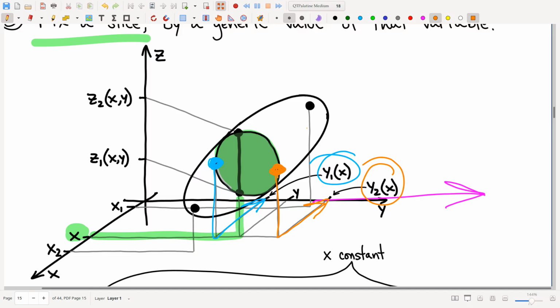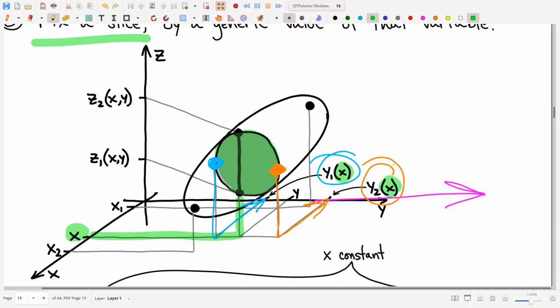But if you take a different value of x, you're going to get a totally different slice, which might have a different lower bound for y and a different upper bound for y. So y1 and y2 will vary depending on what x is; said differently, they are functions of x. That's an important thing to make note of: just like with double integrals, the inner bounds are functions of the outer variable.